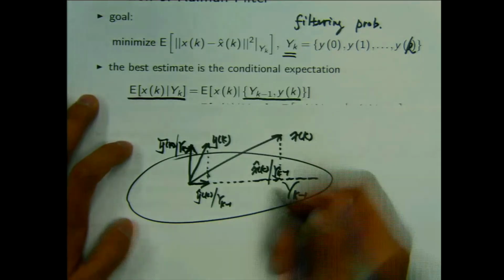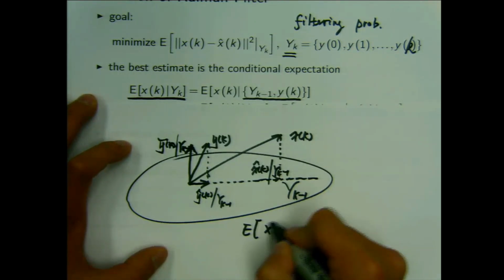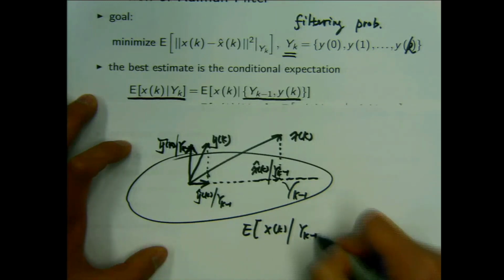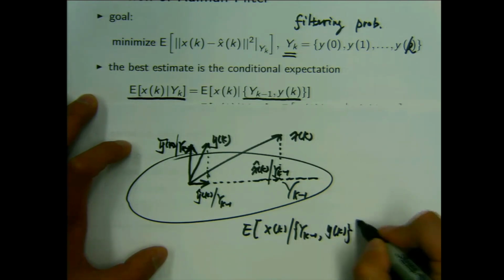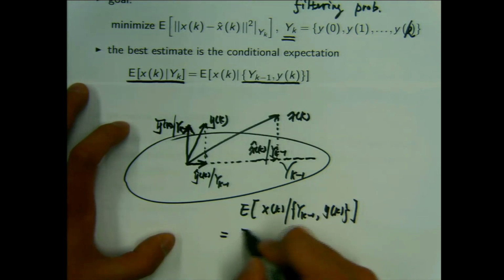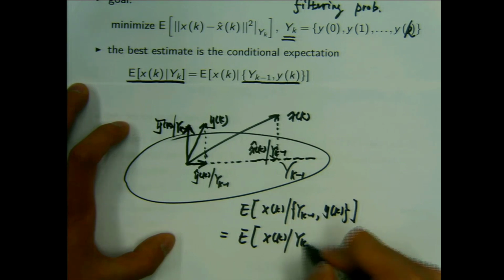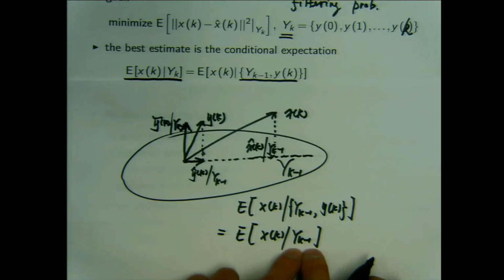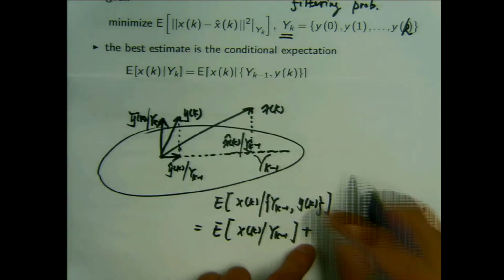If I use the result from last lecture, I have the expectation of x. If I want to do this estimation using these two components of measurement, it's going to be the conditional expectation. This is the estimate if I only have the previous measurements up to y_{k-1}, plus the improvement if I have y_k additionally.